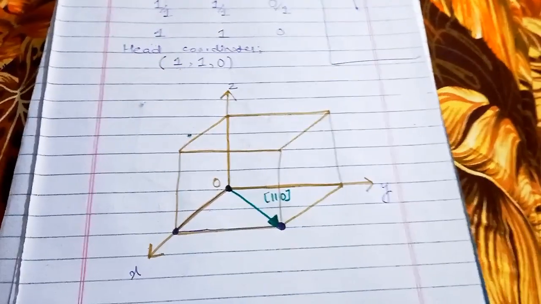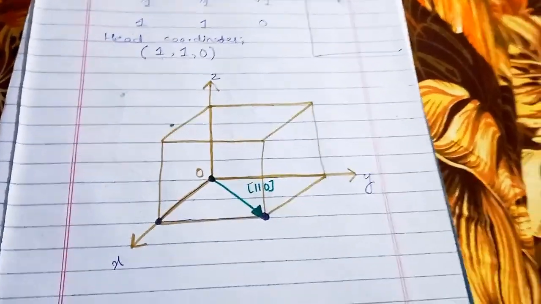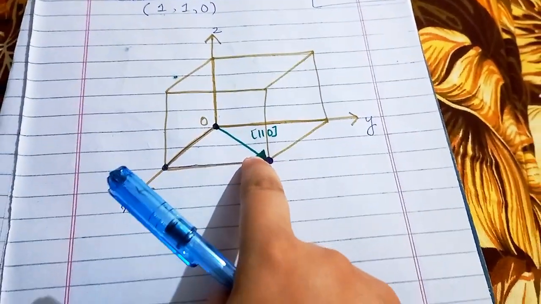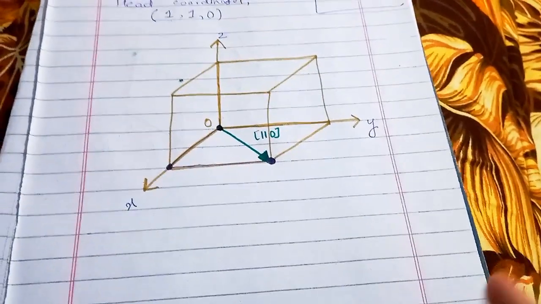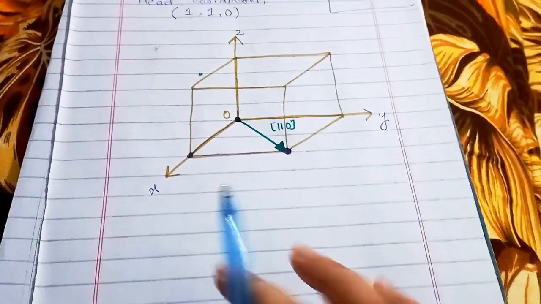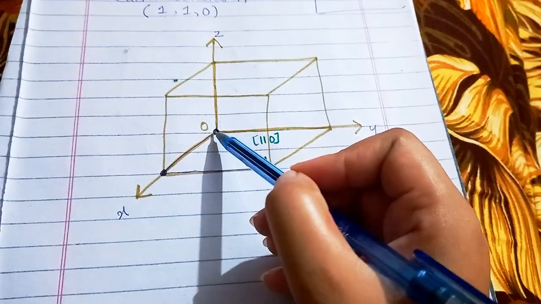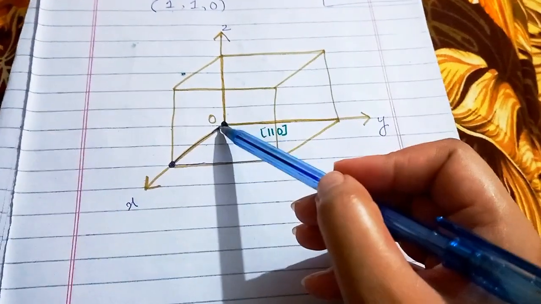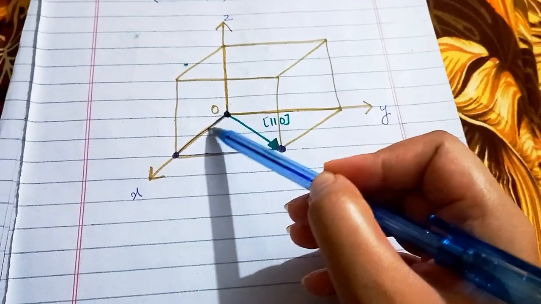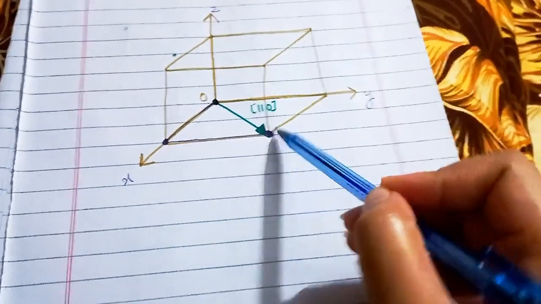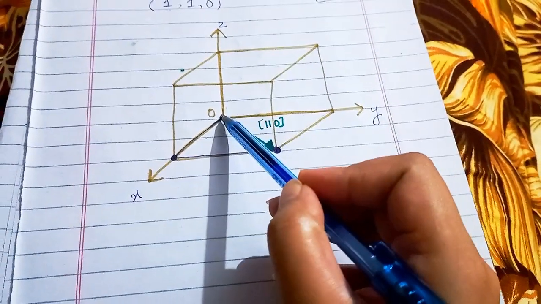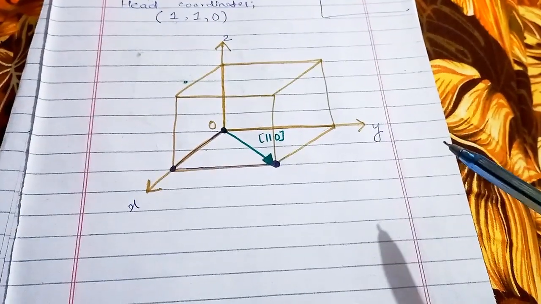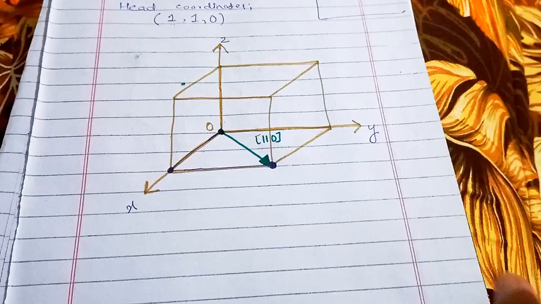All right, now we need to calculate the length of this line as well as the total number of atoms lying on this line. First of all, we'll find the length of this line, because it's really easy. As I showed you in the previous part, an important thing to remember is that all the lengths along the axis direction from one corner to the other corner of the unit cell are always a.